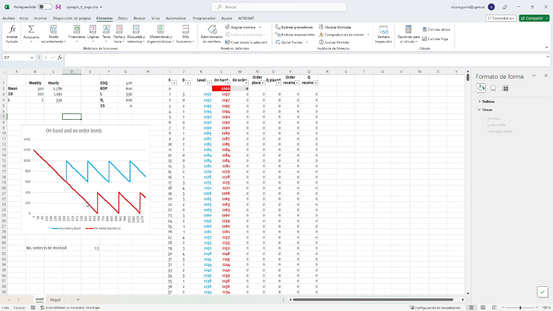So the point here is that I'm expecting to receive this order I placed before. So again, with this value here, 400 plus the 600 I have in inventory level, I can get to this point, because this 600 is the 200 I still have on hand plus the 600 I placed before.